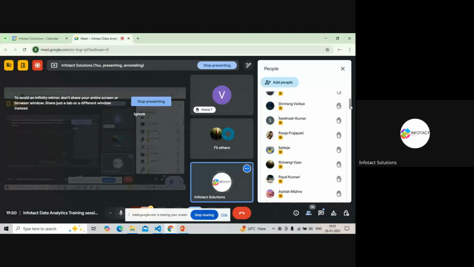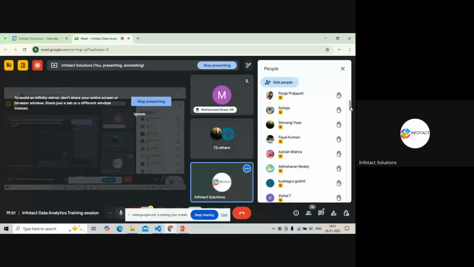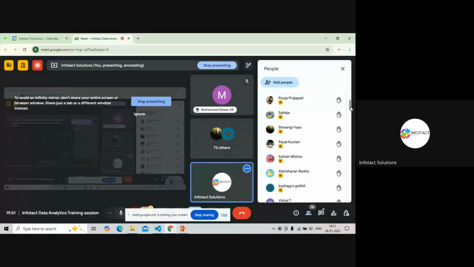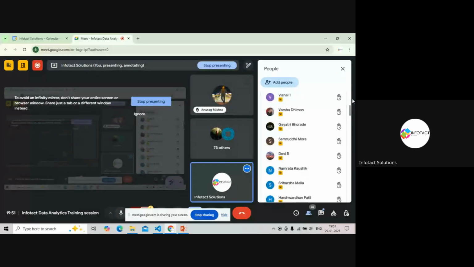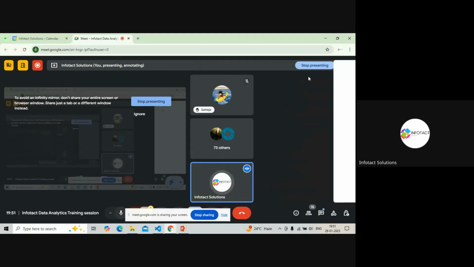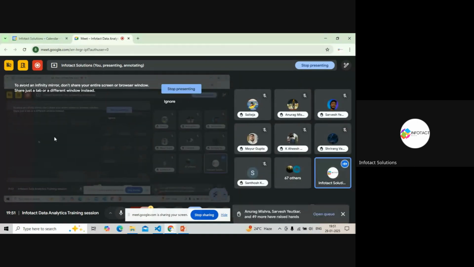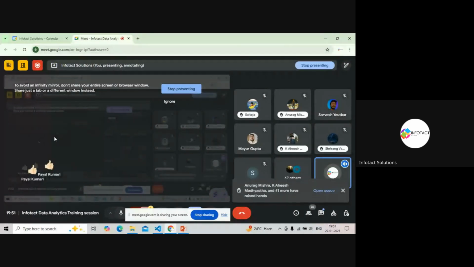Then Sarvesh, Srirang, Santosh, Pooja, Saiteja, Shivangi, Payal. अरे भाई साहब, 50 लोग हाथ खड़े किए, ठीक है, तो तुम लोग बहुत इंटेलिजेंट हो भाई.